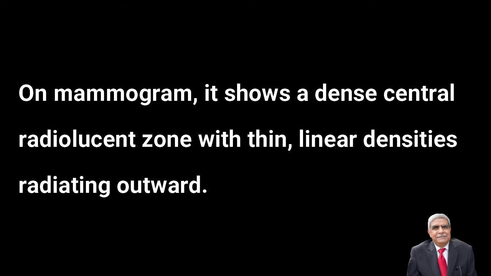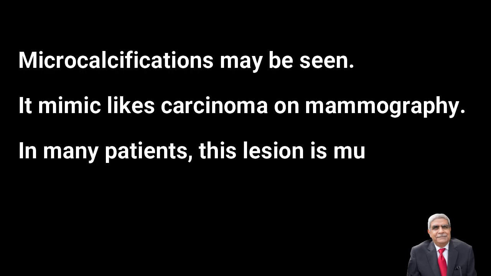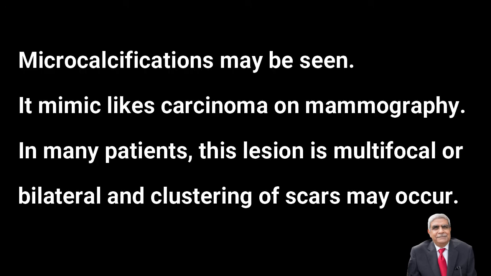On mammogram, it shows a dense central radiolucent zone with linear densities radiating outward. Microcalcifications may be seen. It mimics carcinoma on mammography. In many patients, this lesion is multifocal or bilateral and clustering of scars may occur.